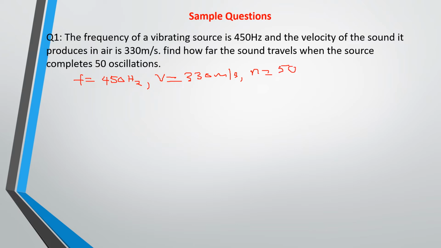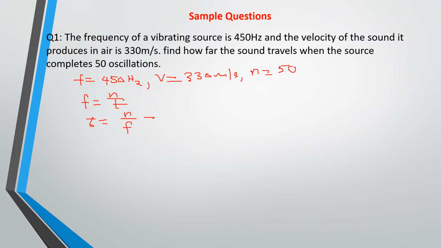Okay, so if you look at the equation of wave motion, you find that frequency is given by n over t. So if you want to find the time to complete the 50 oscillations, t will be equal to n over f.